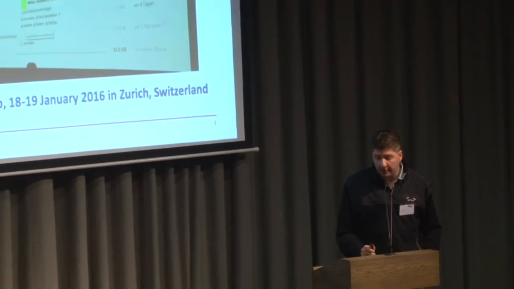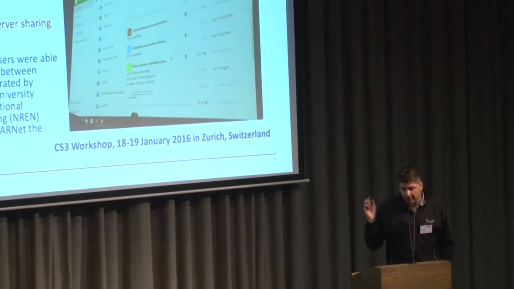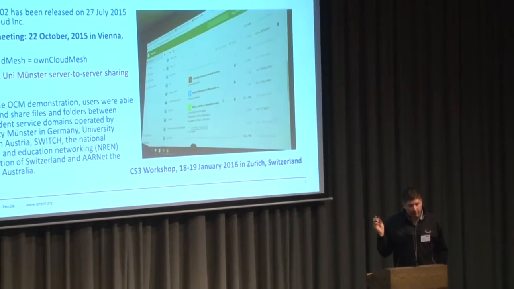So we had a use case from Sciebo, from Münster at that point. They had this nice cluster set up within their university location, so they wanted to use server-to-server sharing. They demonstrated this feature to us. We liked that, and within our community, we had several installations, so we said, let's come together and see whether it's going to work or not.